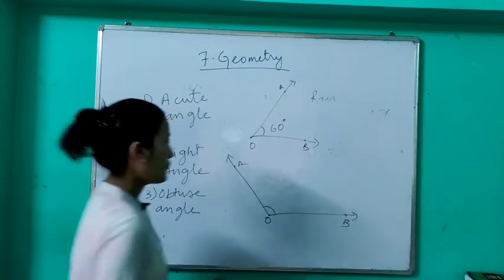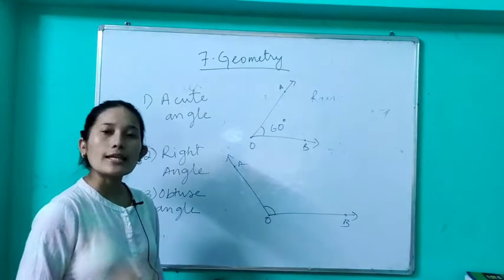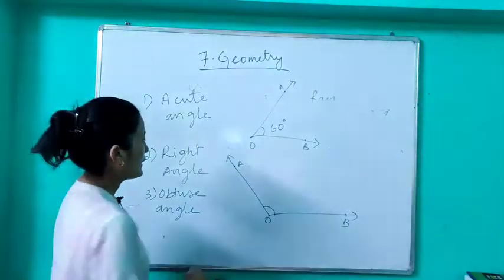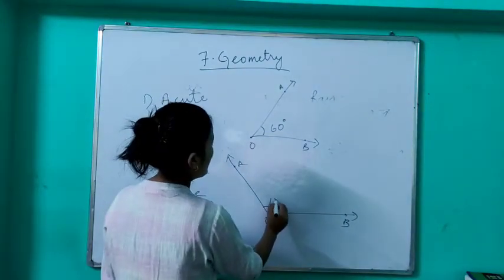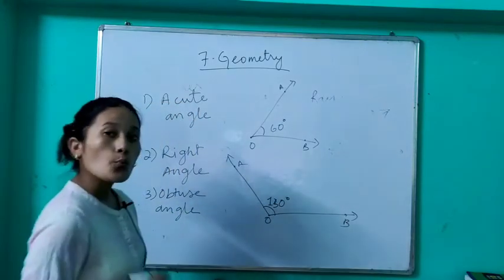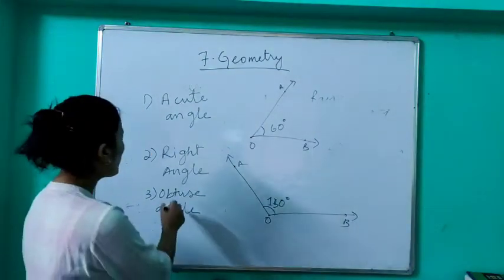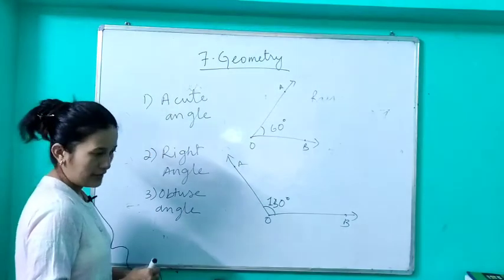If the measure of an angle is more than 90 degrees but less than 180 degrees, let this be 130 degrees. So if it is more than 90 degrees but less than 180 degrees, then you call it an obtuse angle.